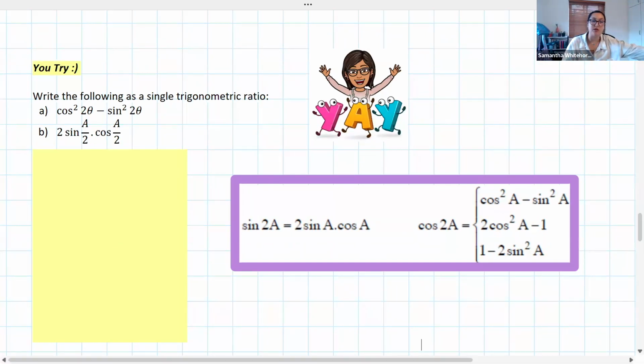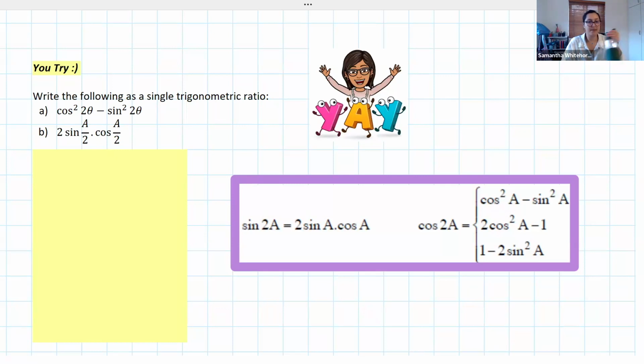B is 2 sine A over 2 times cos A over 2. Remember, guys, if you've got questions, just ask while you go along.